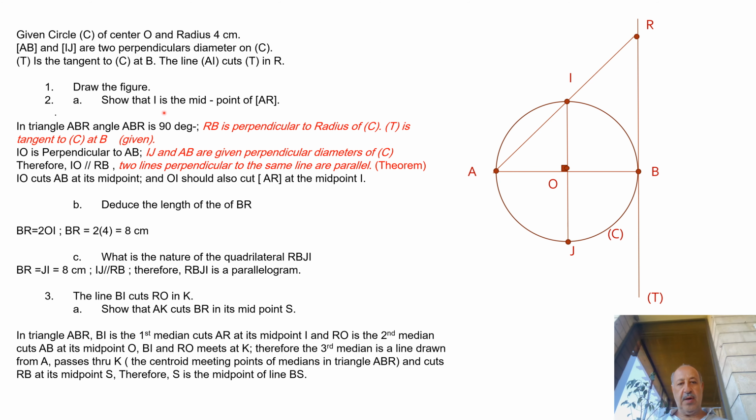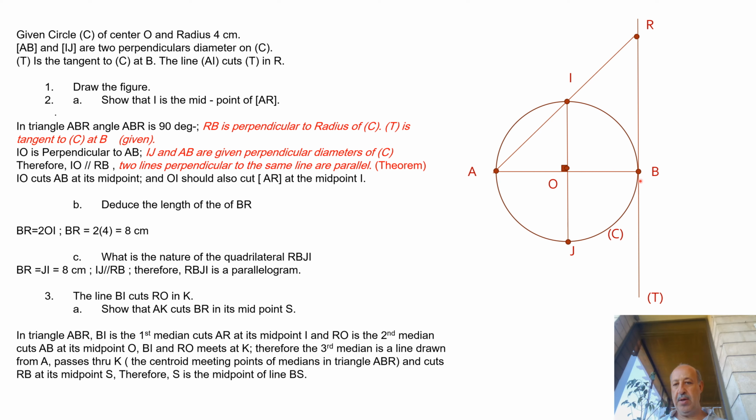Now show that I is the midpoint of AR. If we take triangle ABR, angle ABR is 90 degrees. Why? Because a tangent to a radius makes 90 degrees.